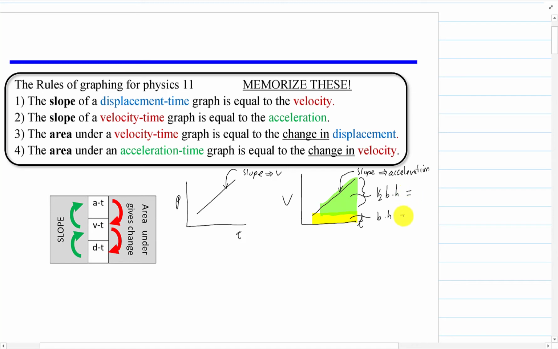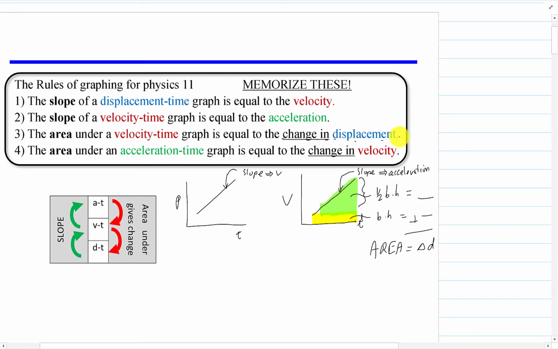And you'd get these areas and we'd add them together and we'd get the total area. And the area is the change in displacement. The area under a velocity time graph is the change in displacement.